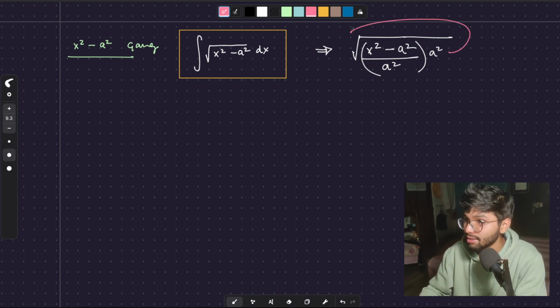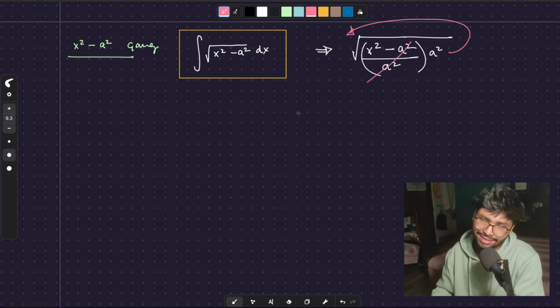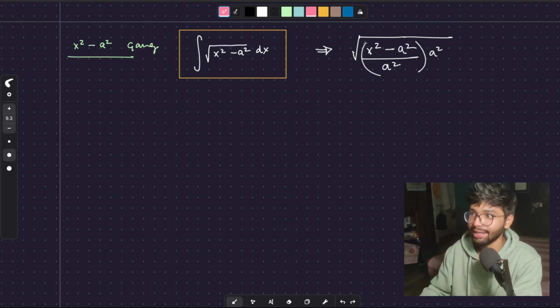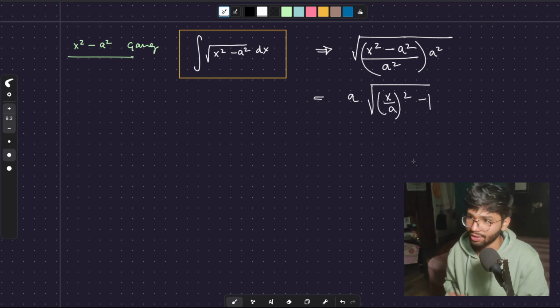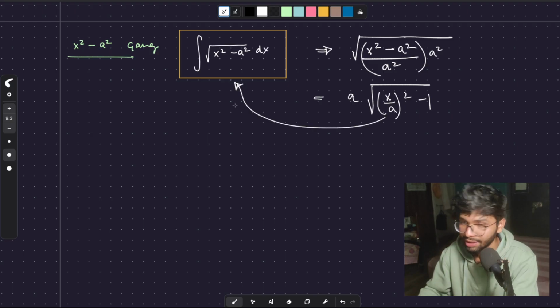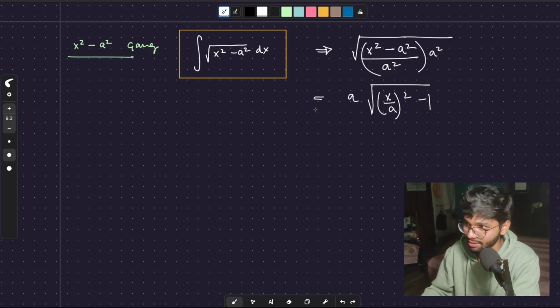We can factor this a out of the square root, and these x's are going to be cancelled. So ultimately, after all the algebra, we're going to be left with this nice thingy over here.